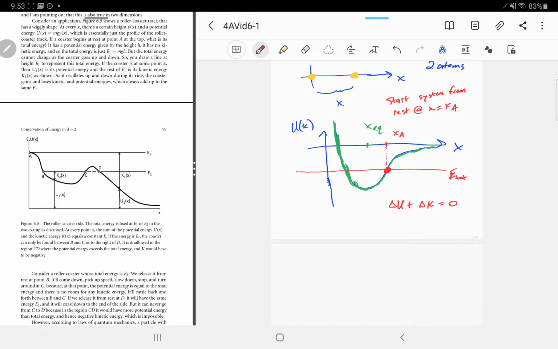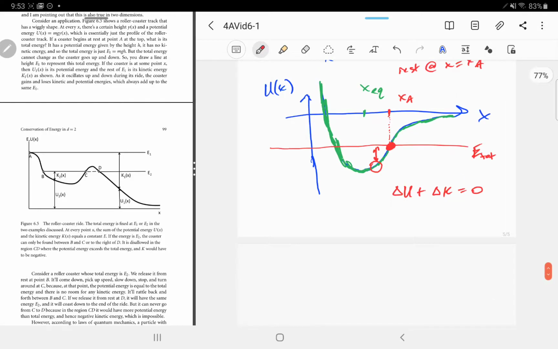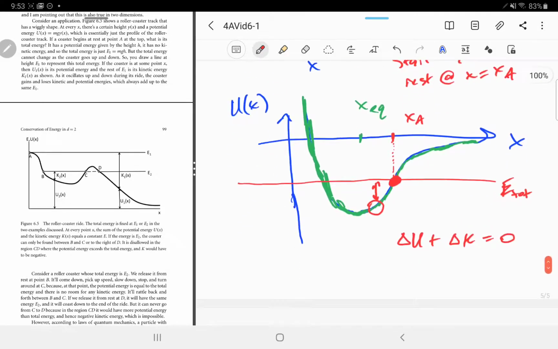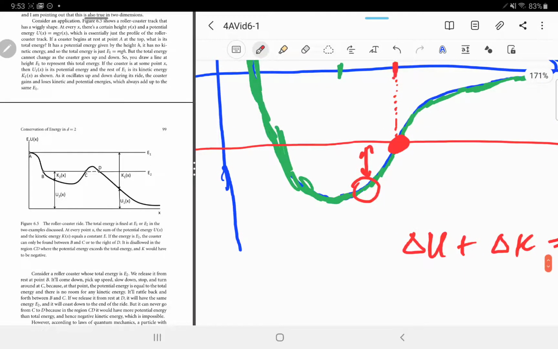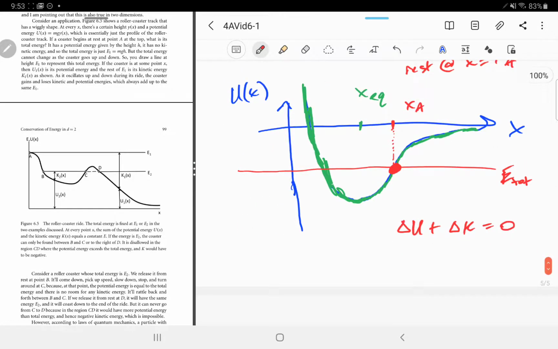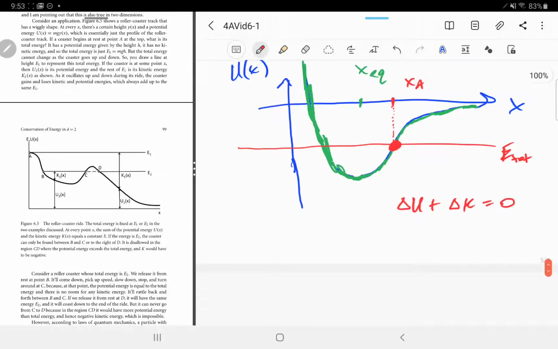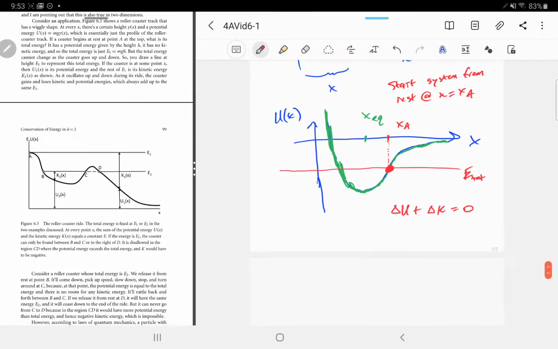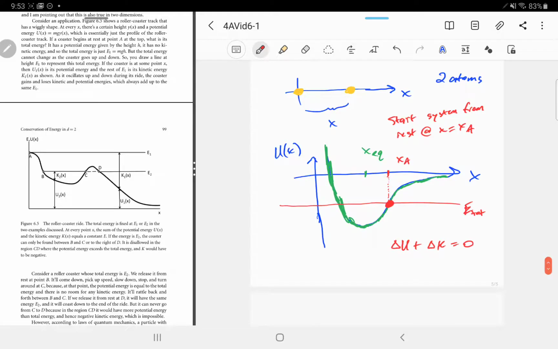Wherever this other particle is, rolling down the hill, the energy difference describes how much kinetic energy you have. If you go down in potential energy, then you still have some energy left, and that goes to kinetic. So the work done by the conservative force increases the kinetic energy. The force is in the negative x direction, the particle is moving in the negative x direction, so the work done is positive, and the kinetic energy goes up.